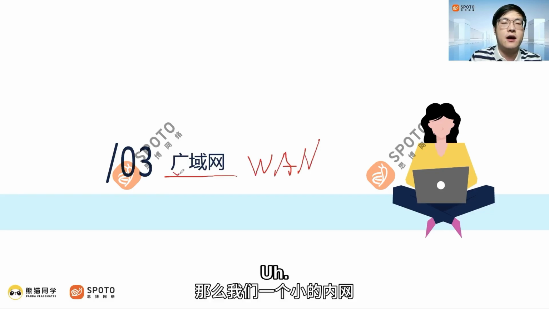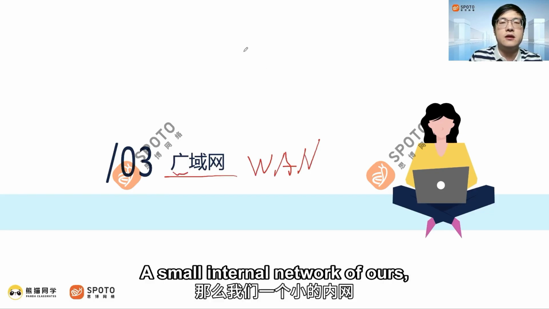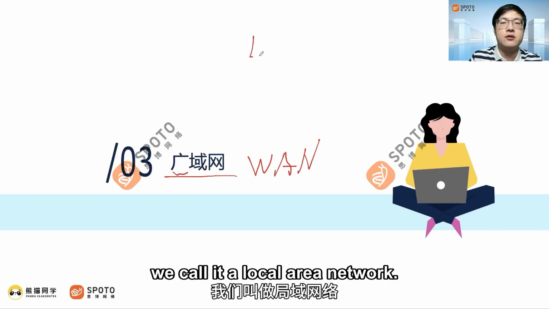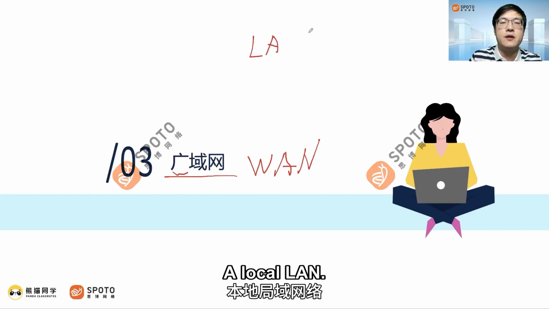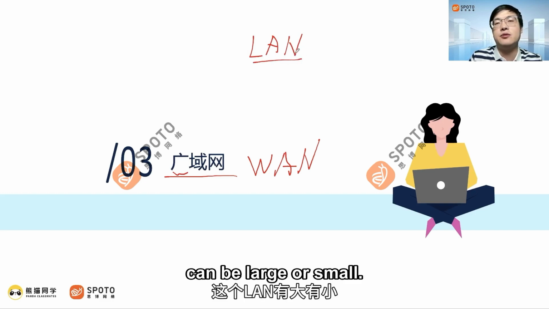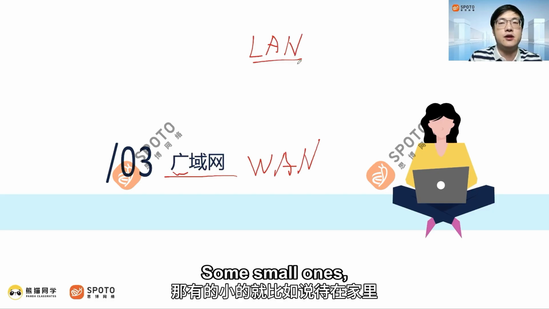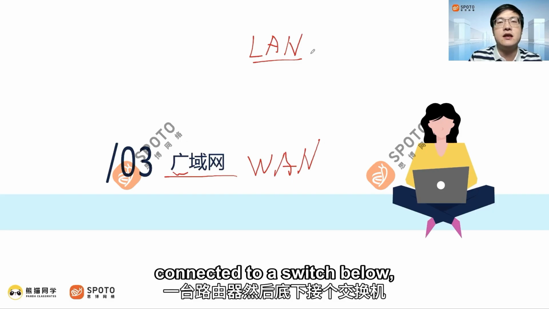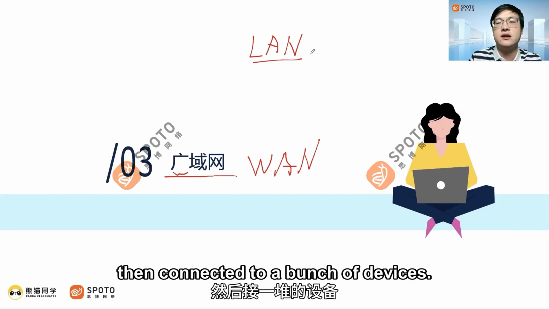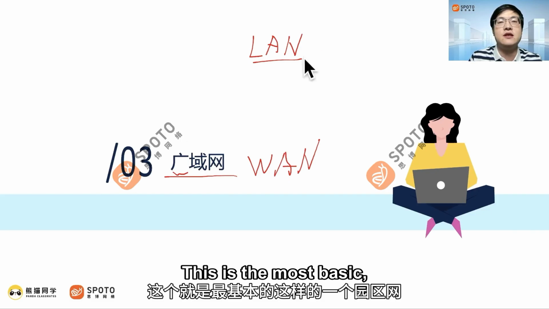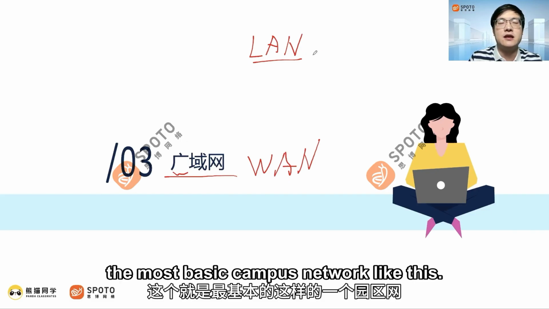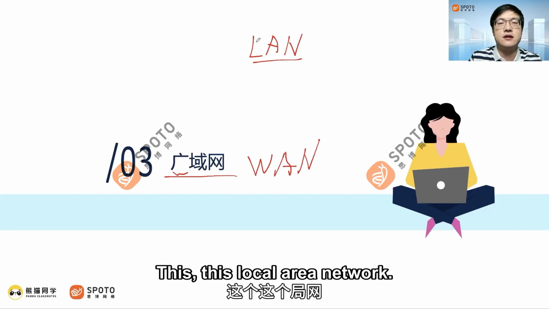A small internal network of ours, we call it a local area network, a LAN. A LAN can be large or small. Some small ones, like in your home, have one router connected to a switch below, then connected to a bunch of devices. This is the most basic campus network, this local area network.